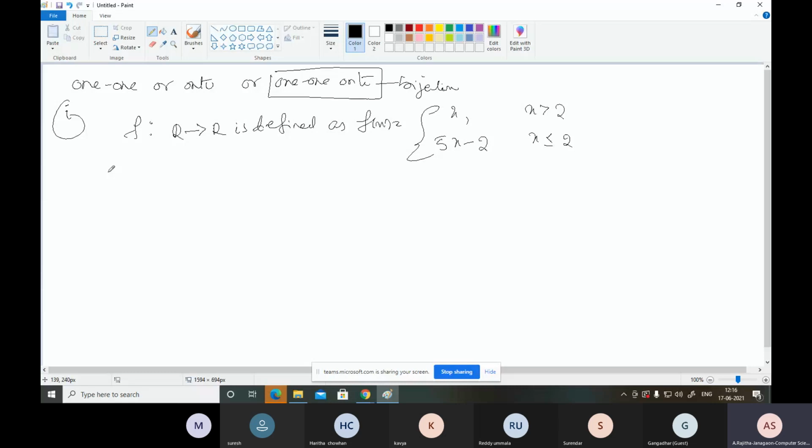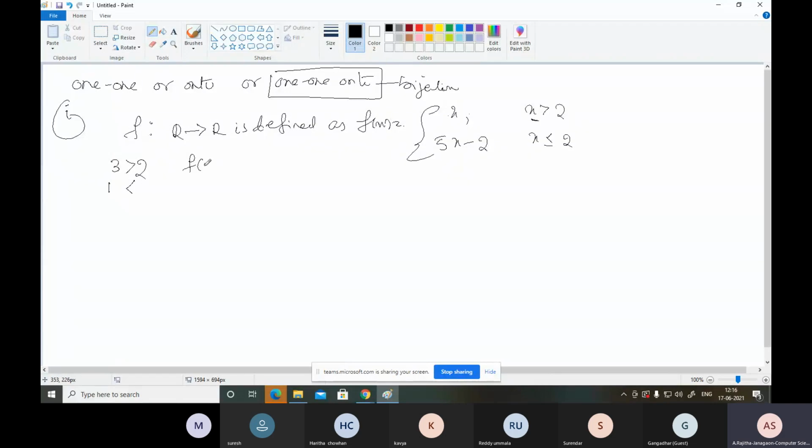Here R to R. Take 3, which is greater than 2. Then the first rule applies, f of x equal to x.